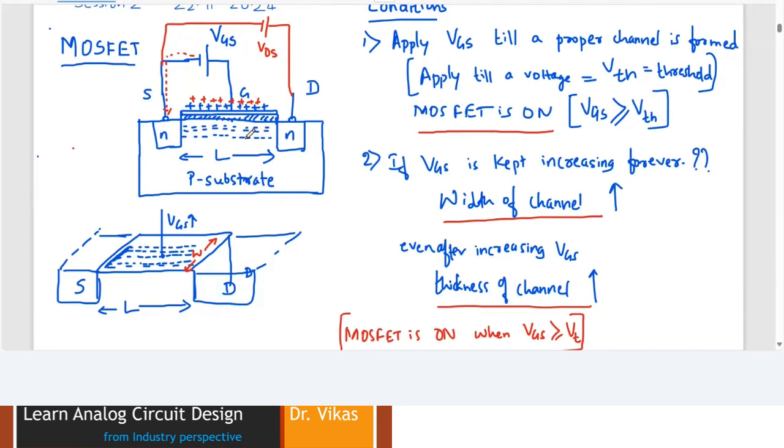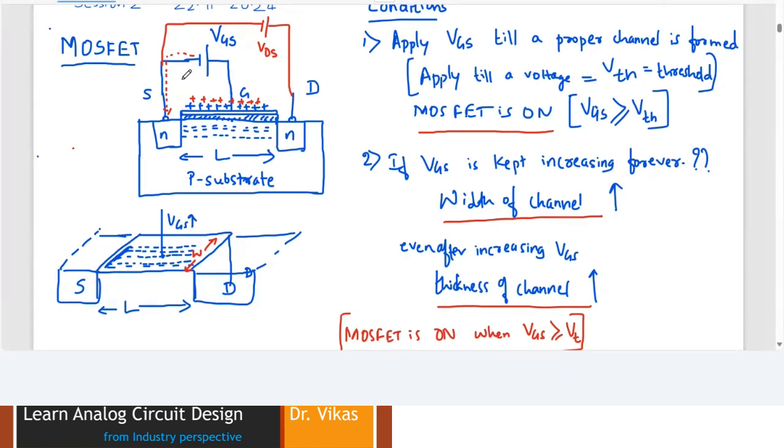But although they move, the volume of the current flowing from source to drain would be very, very minimal, because here your VGS will always be small. VGS is what you apply as a small voltage until a channel is formed, something around 0.1, 0.5, 0.6 volts, or 1 volt.